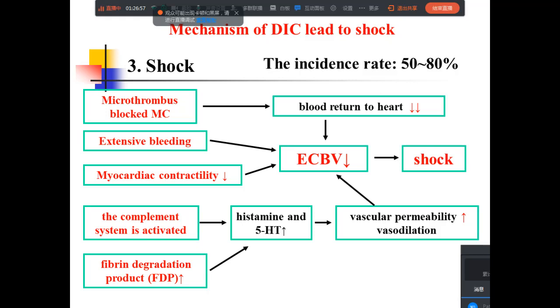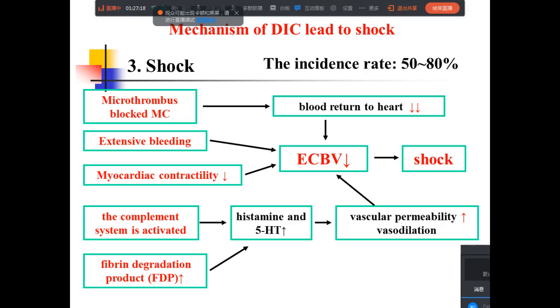It can also damage VEC, leading to collagen exposure, so coagulation factor 12 is stimulated, stimulating the intrinsic coagulation pathway.